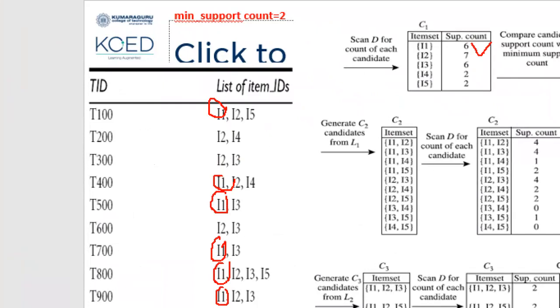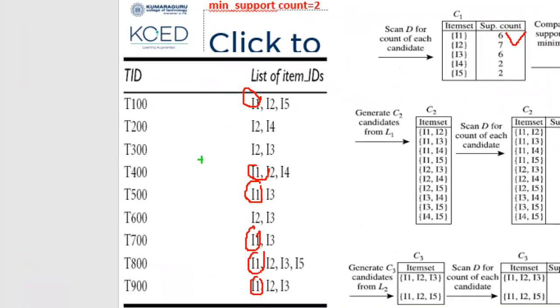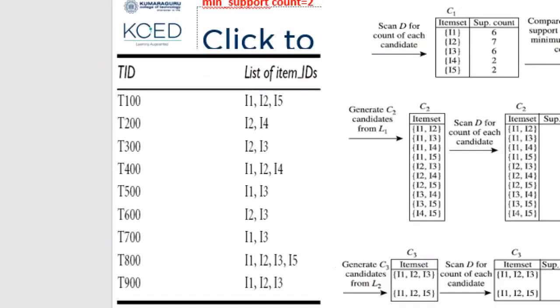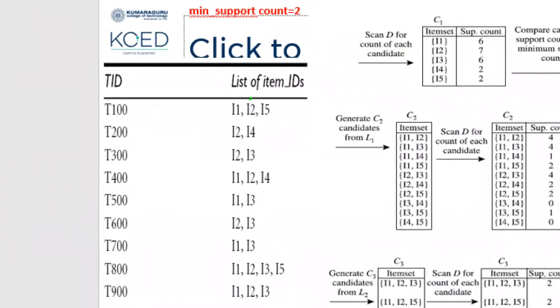If you take I2, it occurs 1, 2, 3, 4, 5, 6, 7, totally 7 times. Likewise, we have I3, I4, and I5. So we have 5 items, and the support count means the number of times each item occurs.